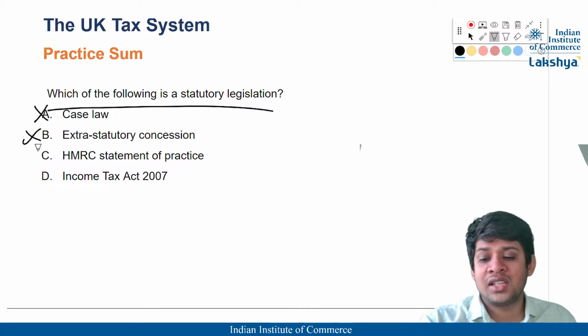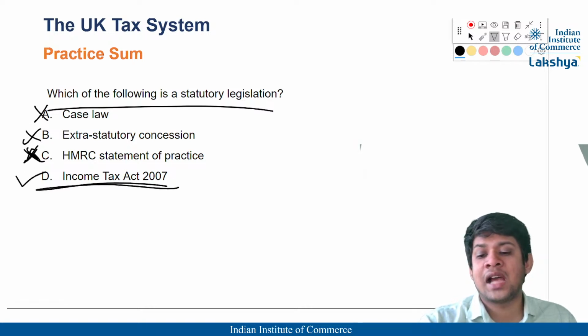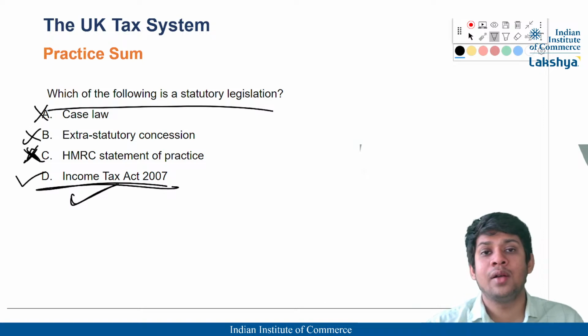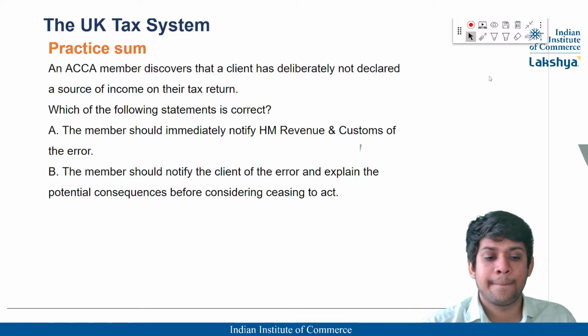HMRC statements of practice are just providing you information about the tax law, so they are not statutory laws. The Income Tax Act, yes, this is the tax law which is available to you, so this is going to be the statutory law.